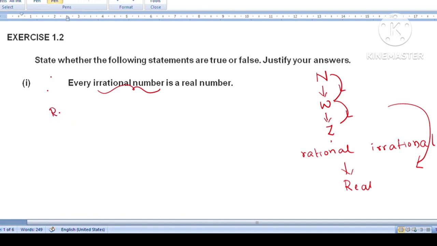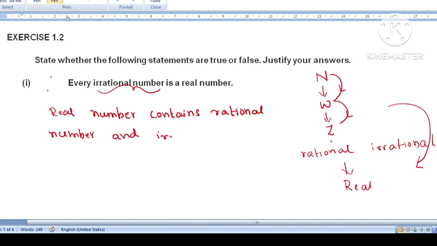Real numbers contain rational numbers and irrational numbers.